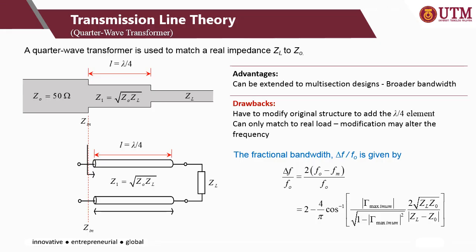So how does the quarter wave transformer look? Basically it is an additional element of λ/4, included in between the input point or the generator and the load. Normally we have seen the generator, and then the transmission line terminated by the load impedance.